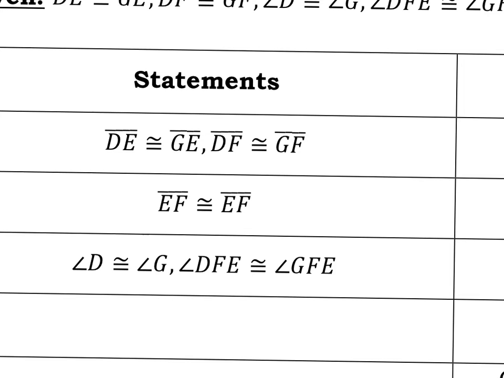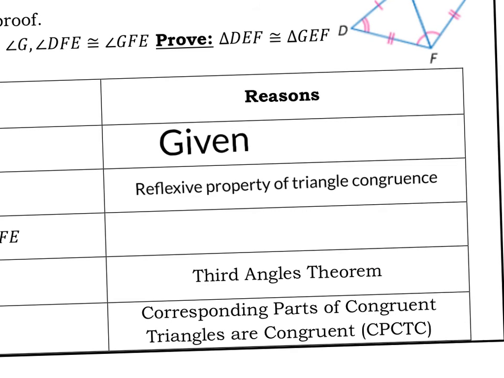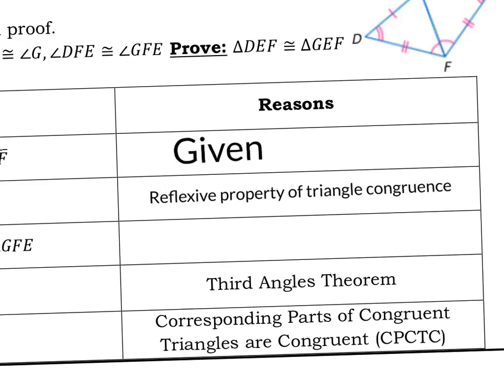If you're saying something's equal to itself, that's the reflexive property of equality. So I'm going to write this, reflexive property of triangle congruence, in that reason box. Sorry, I said statement box. But yeah, what we just did was we proved that all 3 sides are congruent. So let's talk about the angles now.